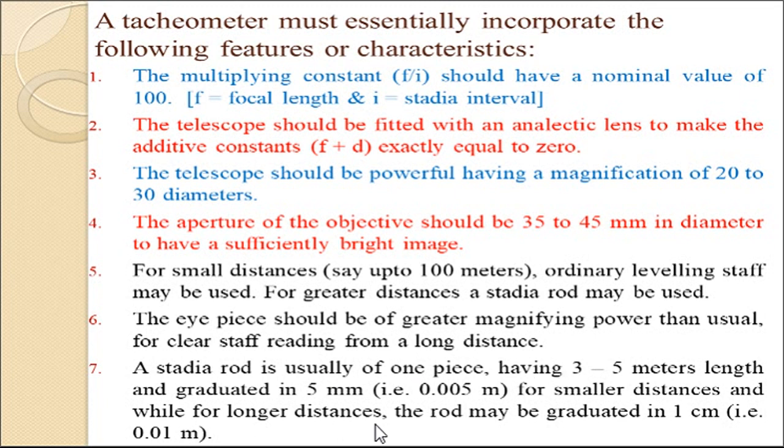The stadia rod is usually of one piece, 3 to 5 meters in length, graduated at 5 mm, that is 0.05 meter, for smaller distances. When the distances are longer, the graduated rod used has a least count of 1 centimeter, that is 0.01 meter. Here the minimum reading is up to 5 mm, and here the minimum reading is up to 1 centimeter.